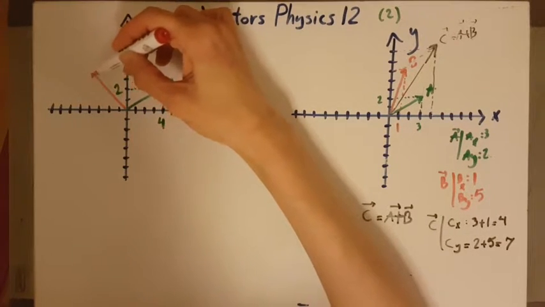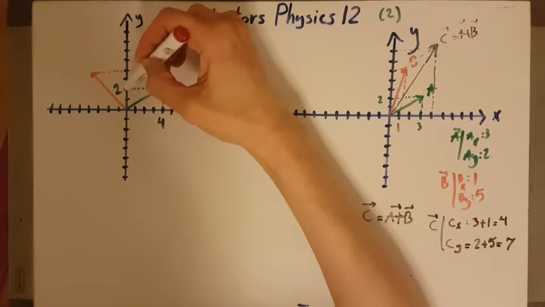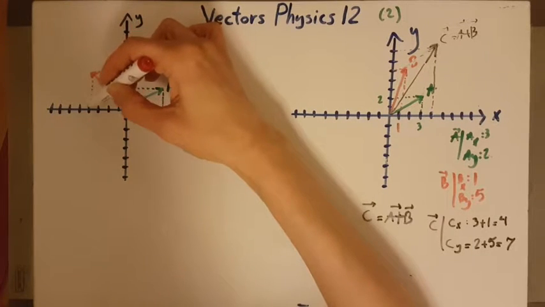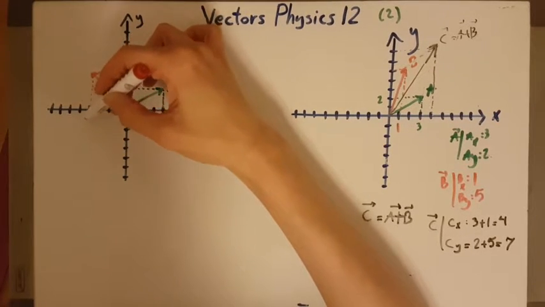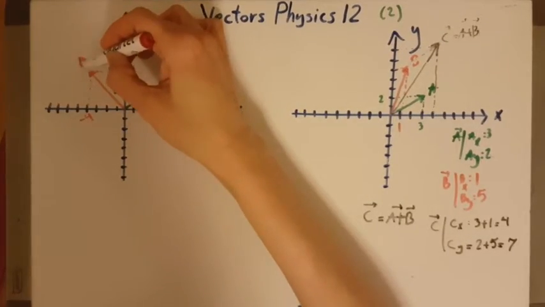Okay, this B is giving me Y equals 4 and negative 4 for X. This is the B.